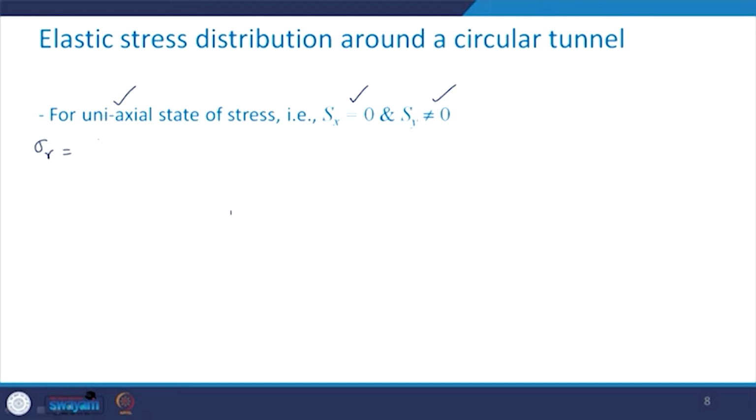This will be equal to half Sy into 1 minus a square upon r square minus half Sy into 1 plus 3a to the power 4 upon r to the power 4 minus 4a square upon r square into cos of 2 theta.